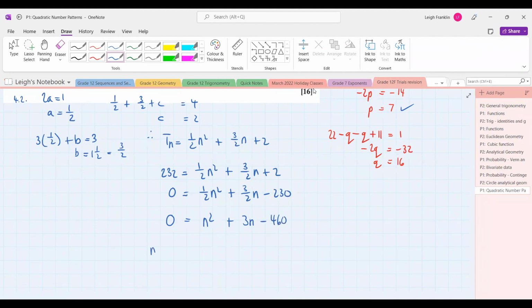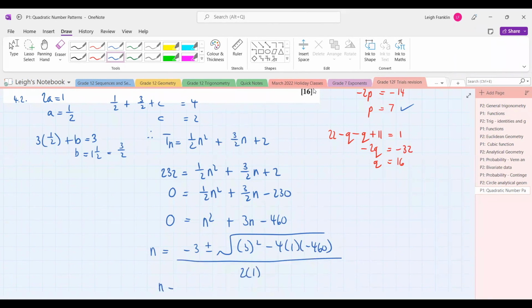And then I would say n equals negative b plus or minus the square root of b squared minus 4ac, all over 2a. And you should be getting n is 20 or n equals negative 23. But obviously n cannot be negative, so we would end up with a positive answer.